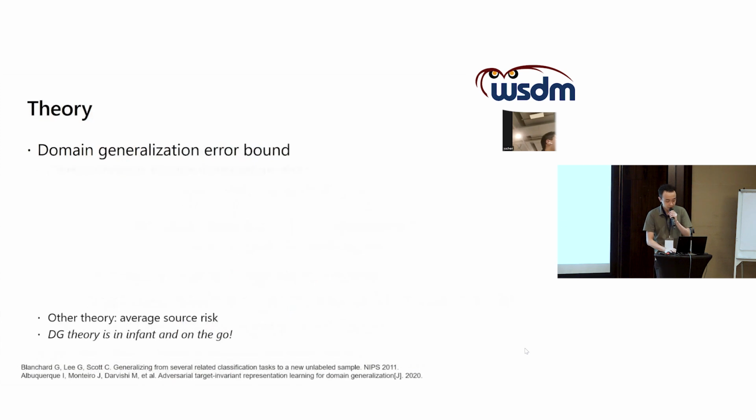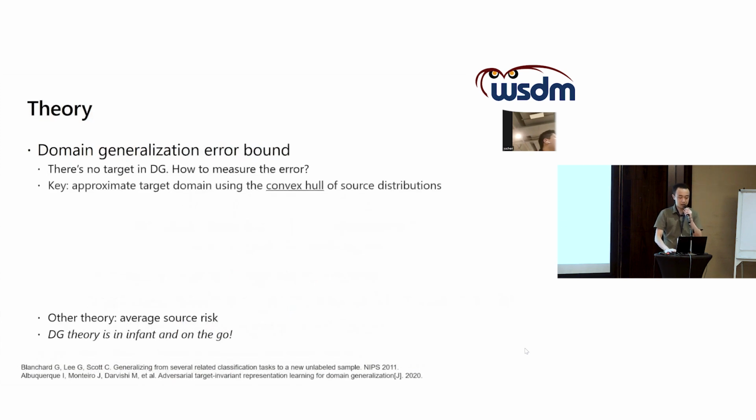But for the problem of domain generalization, we have a lot of problems. The problem is that we don't have a target domain, so how can we measure the generalization error?